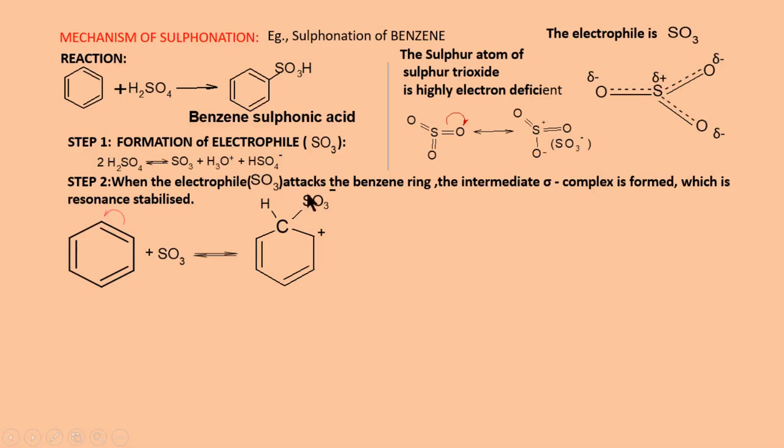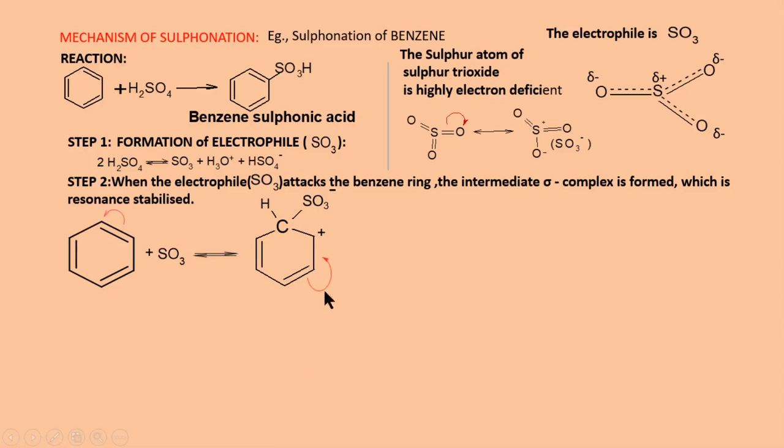S is joined here because this carbon has the rich negative charge. So S plus is attached here, and it will be represented as SO3 minus. Here we should be very careful. Then positive charge. Then the remaining thing will be the same.